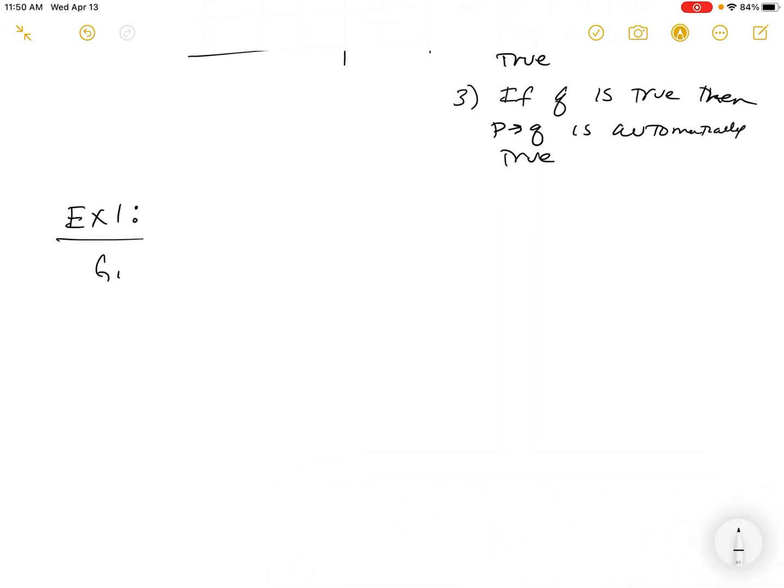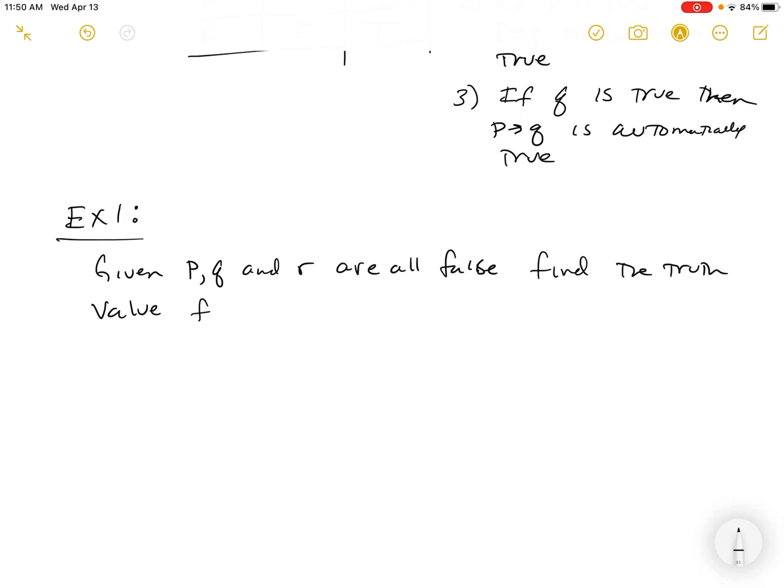So this one is going to say this: given P, Q, and R are all false, find the truth value for P implies not Q, implies not R, implies Q. So if P, then not Q implies not R. If not R, then Q. Okay.